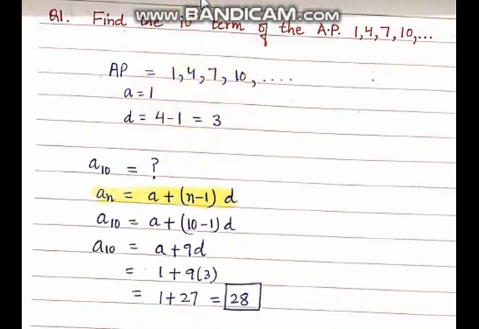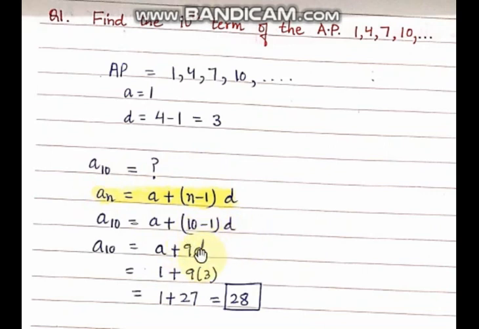So if we need to find the 10th term, it will be written as a10. We have the formula for the general term, which is an is equal to a plus n minus 1 d. So we need to find a10, n is 10 here. The first term I know, so I can put the value as 1. Then n minus 1, since we're talking about the 10th term, it will be 10 minus 1 into the common difference.